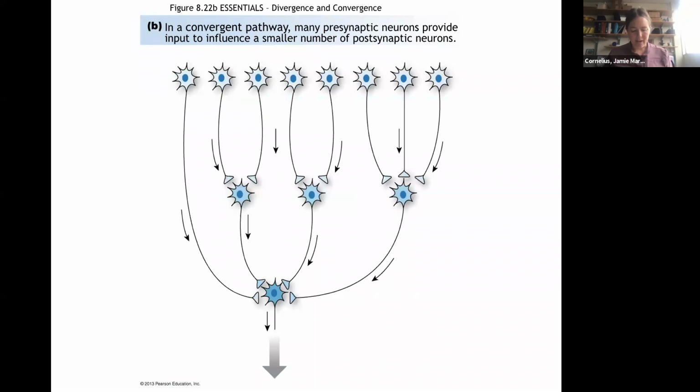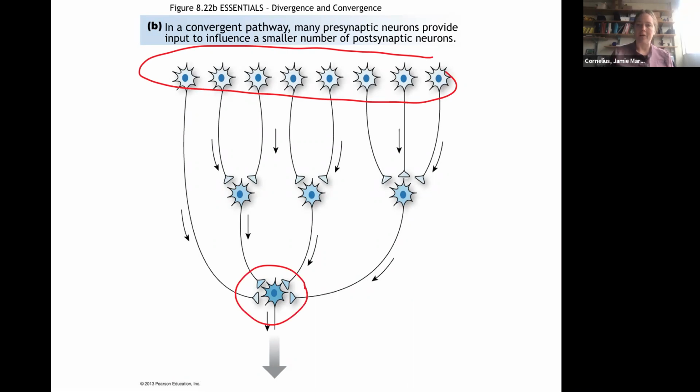The opposite of that is convergence. In this case, you have a lot of different cells that are converging onto one or some cells later in the pathway. And this is really common in sensory systems.